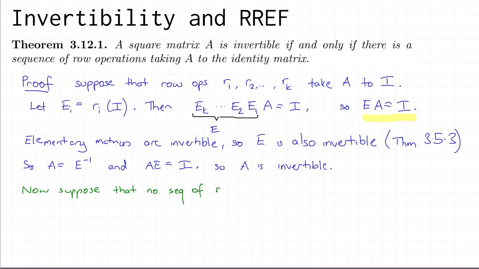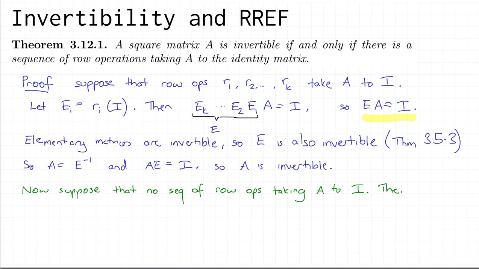So SEQ is short for sequence of row ops taking A to the appropriately sized identity matrix. Well, what we know is that there is a sequence of row operations which take A to a row reduced echelon form matrix.